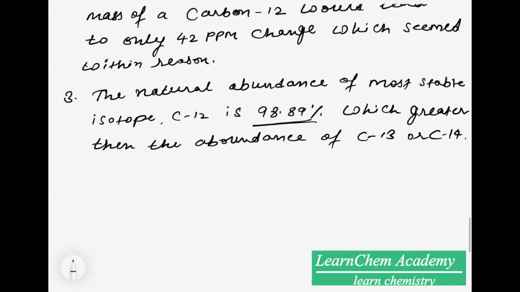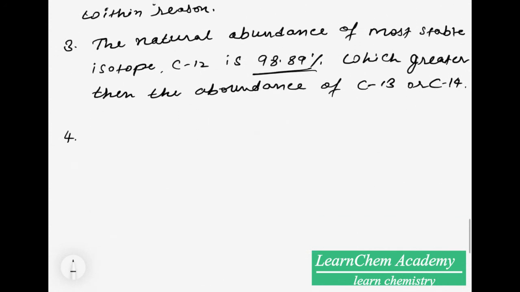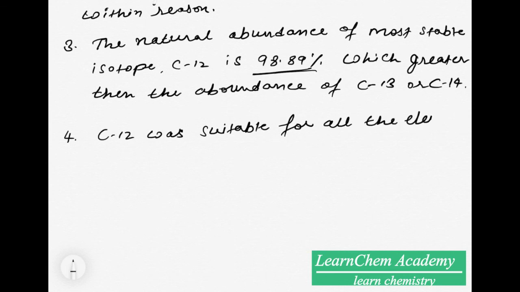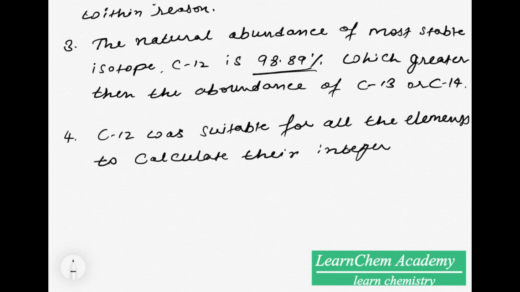Next, the fourth point, why we used carbon as a reference: C12 was suitable for all the elements to calculate their integer mass.